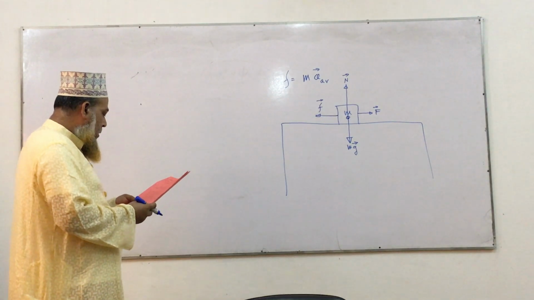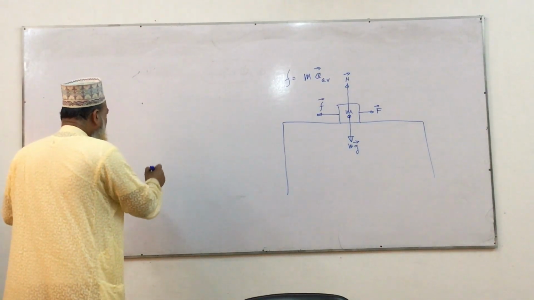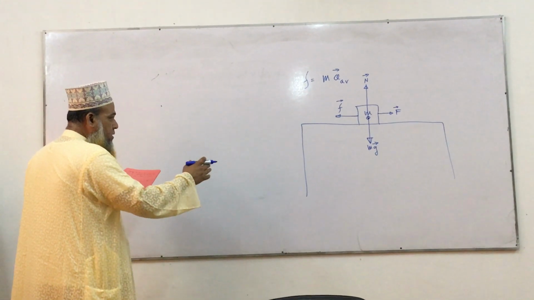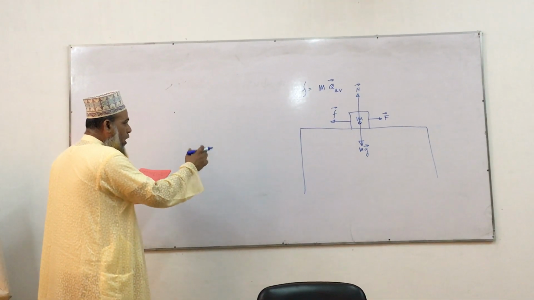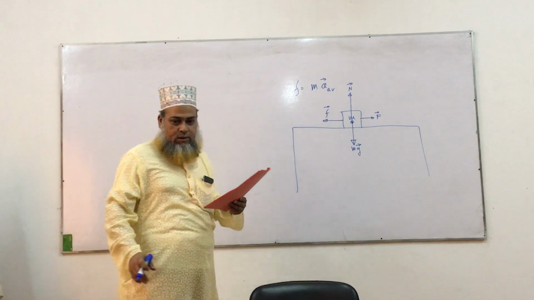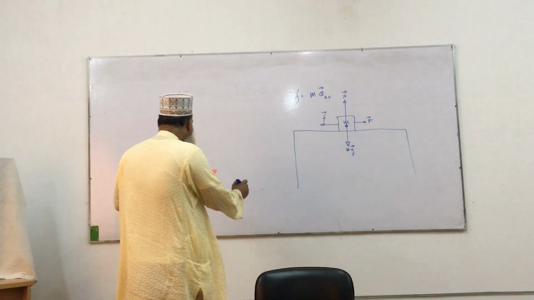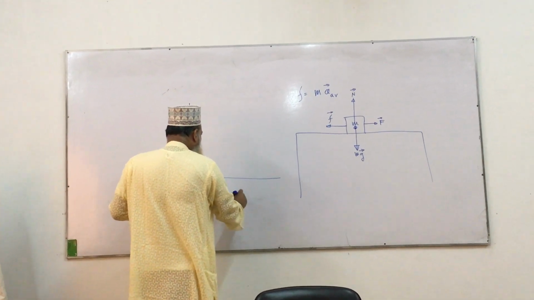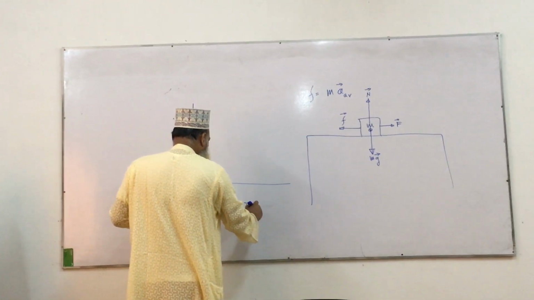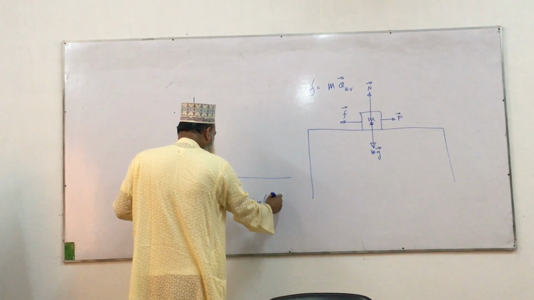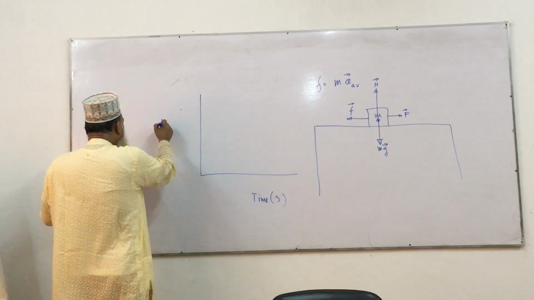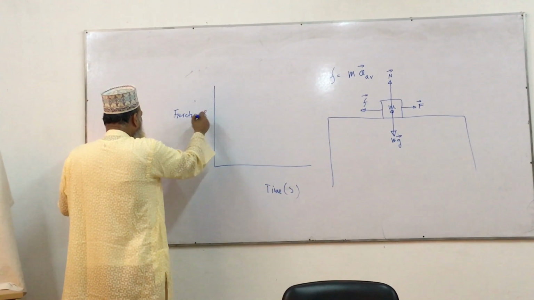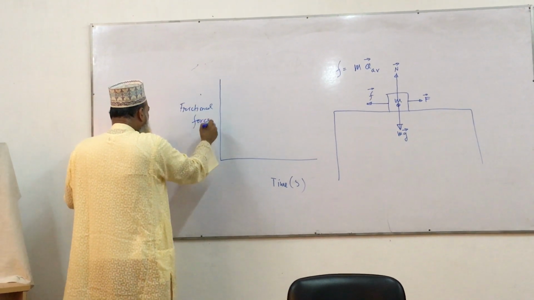Now, let's plot the empirical facts, the experimental facts of this experiment. We'll draw a graph. In this direction, we write time in seconds. In this direction, frictional force.